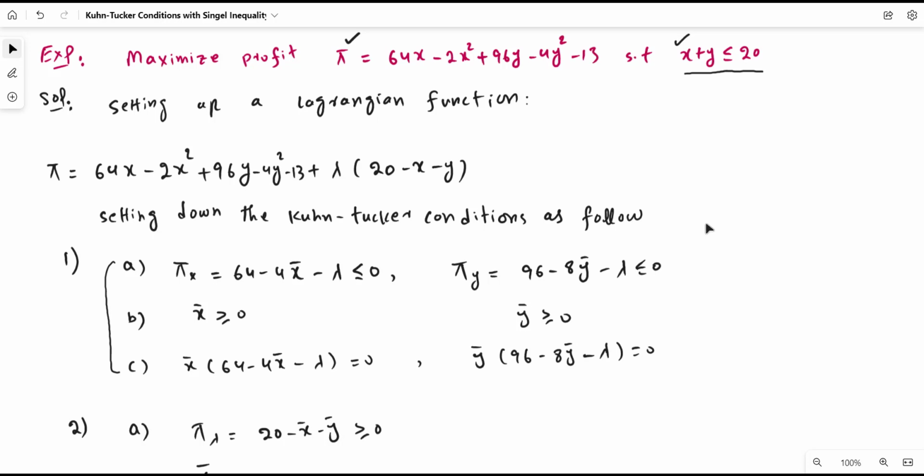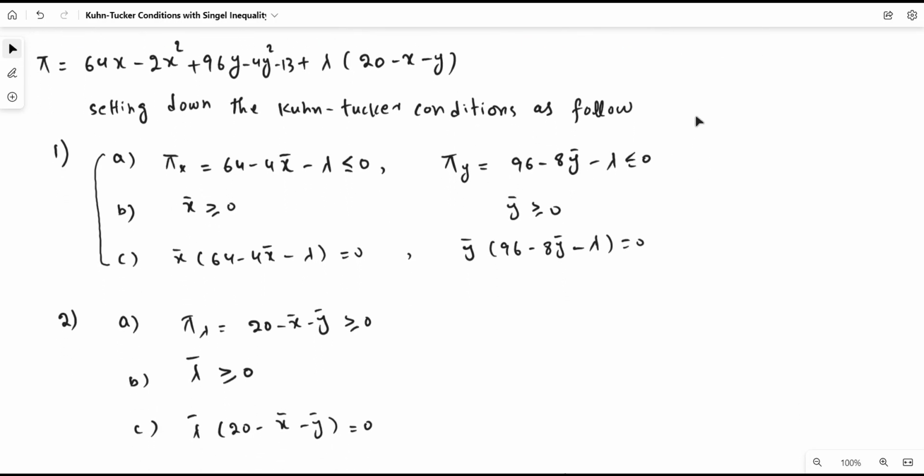And the rest of the three conditions minimize the Lagrangian function with respect to lambda. That's why the Kuhn-Tucker conditions seek out the saddle point, which on one hand maximizes the Lagrangian function with respect to the x_i, and on the other hand, the same saddle point minimizes the Lagrangian function with respect to lambda, right?